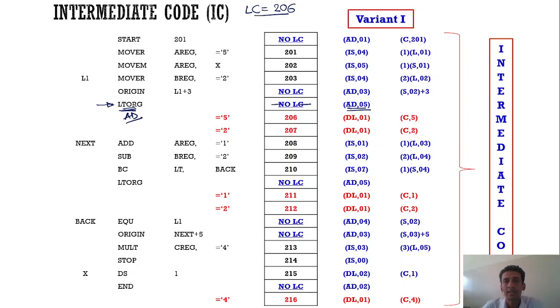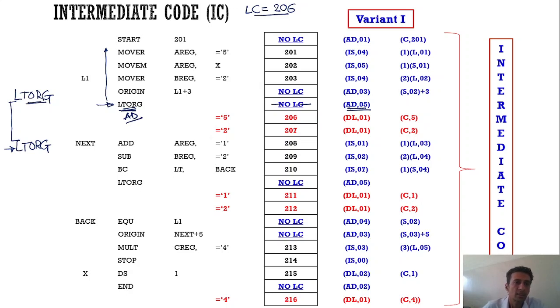This LTORG will instruct the assembler to allocate memory to the literals which are used prior to the statement and after the start. There may be a case where we encounter LTORG a second time. Then the literals used between these two LTORGs are required to be allocated memory.